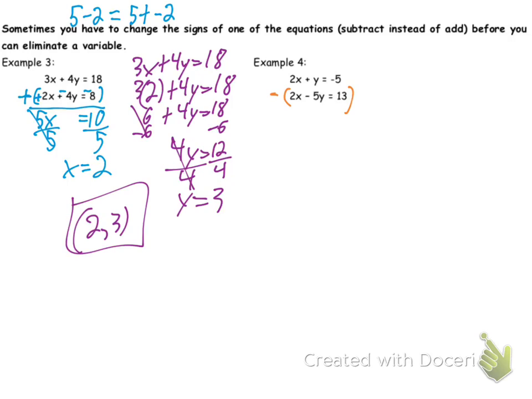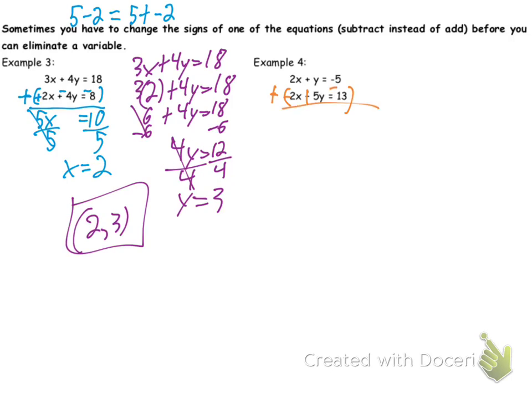But then we have to remember 2x minus 2x, y minus a negative 5y, negative 5 minus 13, and we just end up getting confused, and it can cause us to make simple mistakes. That's why I advocate for changing those signs. That's a great question, though. So I will change those signs, and thank you for asking that.